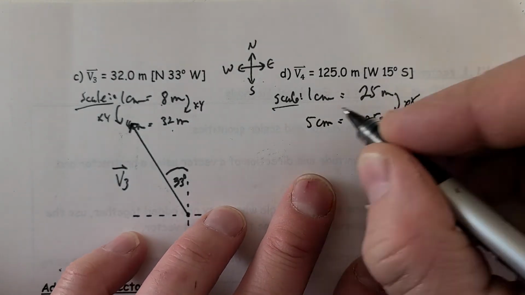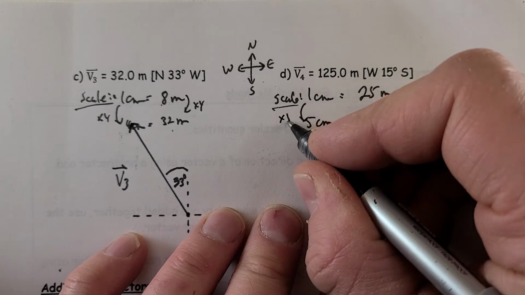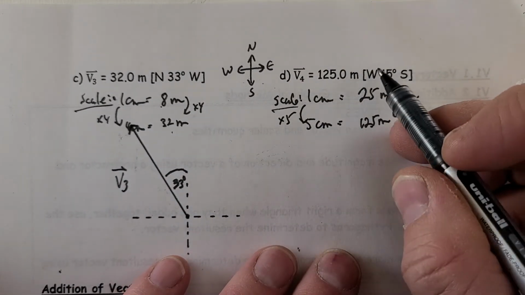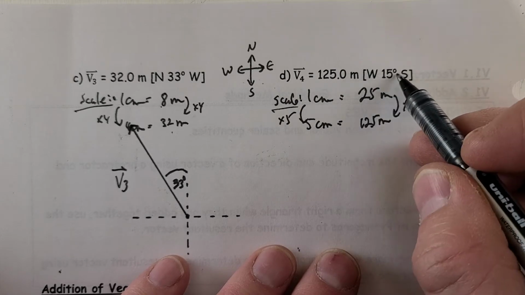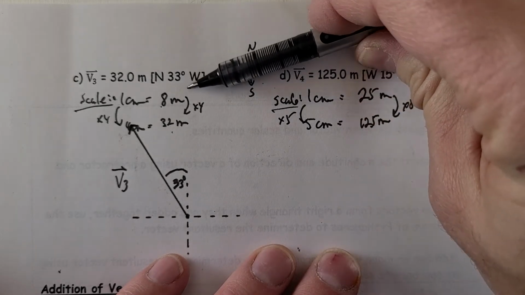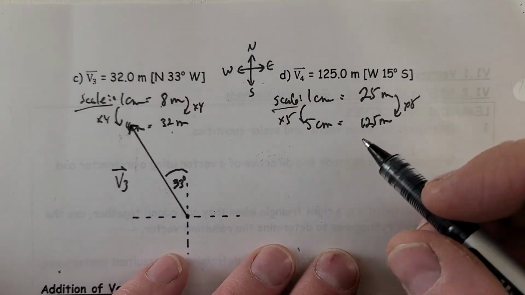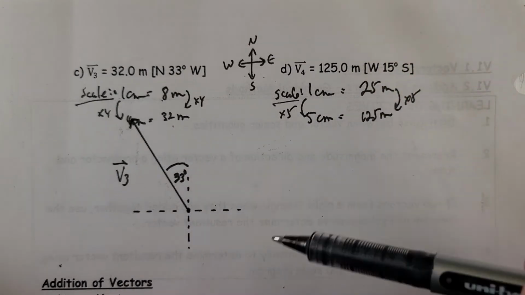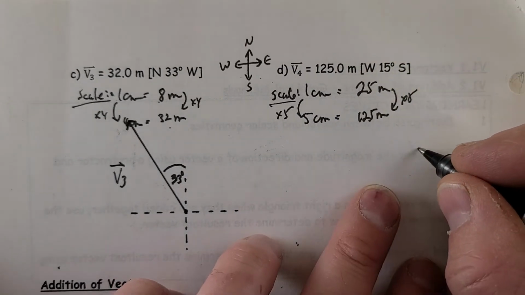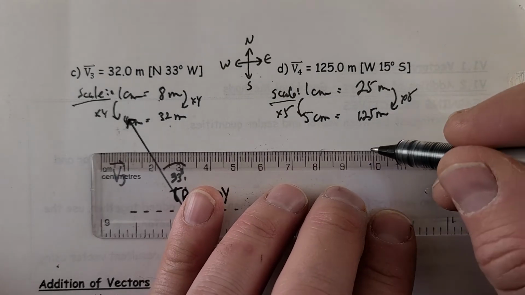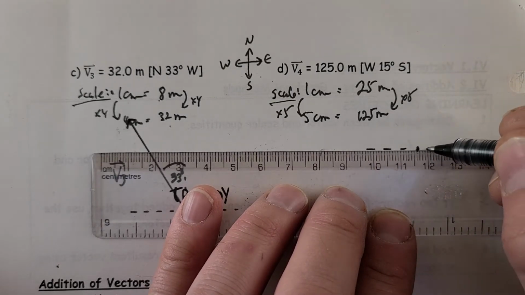So times 5, times 5. If I draw it 5 centimeters, that'll work. And of course, in this case, I'm starting off west and moving south. So starting west, moving south, that's a quadrant 3 vector. It'll be pointing in this direction, so it's likely a good idea to start over here somewhere with my starting point in my little Cartesian coordinate system that I'm going to make up.